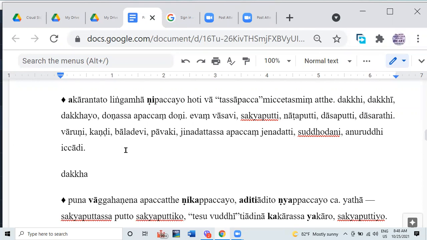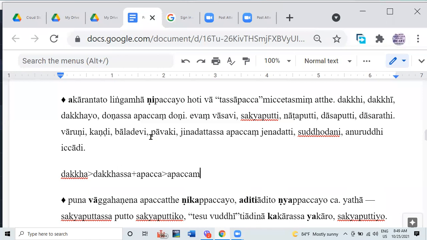So Dakha finally becomes Dakasa, and the second step, Apaja finally becomes Apajan.